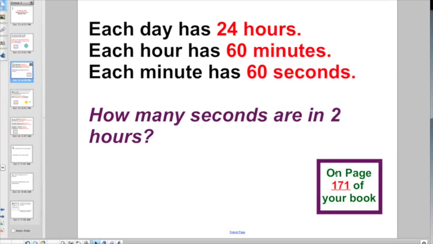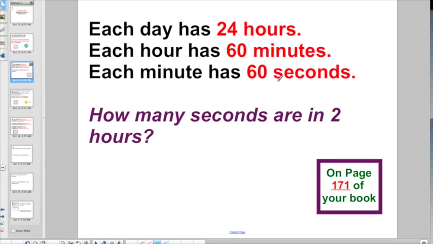So some more information coming at you that's also reiterated on page 171. Each day has 24 hours. Each hour has 60 minutes. Each minute has 60 seconds. And they're going to give you this information and expect you to use it for things like how many seconds are in 2 hours.